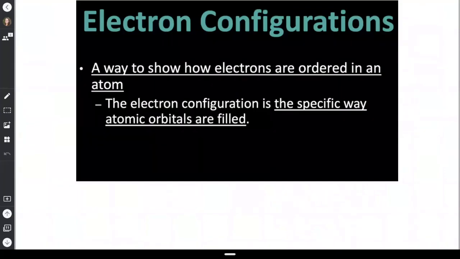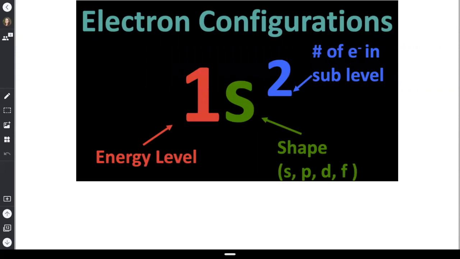What we're about to do is going to show us how our electrons are ordered in an atom in the specific way in which the atomic orbitals are ordered and are filled. And so as we're writing these, it's going to help you to know what each of these notations stands for. So as you're writing it, the coefficient in the front represents your energy level, the energy level at which those electrons exist.